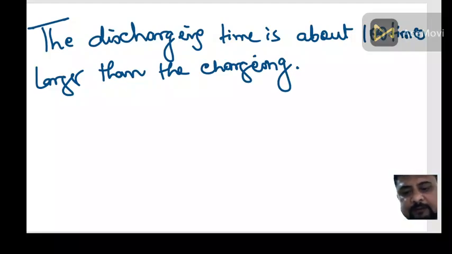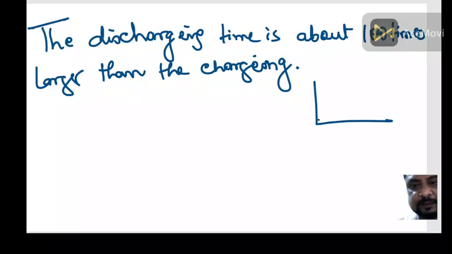Diodes are not always ideal diodes. They have some forward resistance, so the capacitor charging time will have a small value during the positive peak, but in the reverse bias, during the negative peak, the diode resistance is very high and the discharging time is very long compared to the charging time.